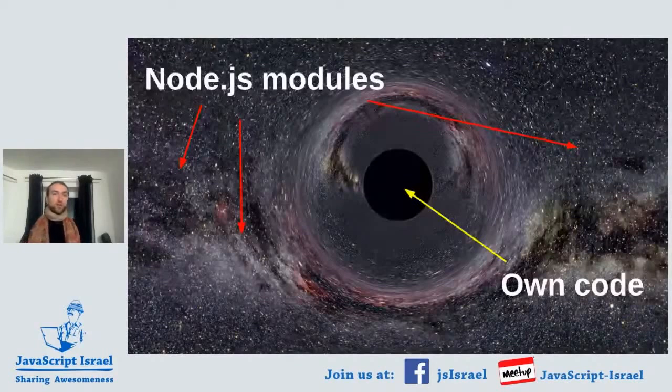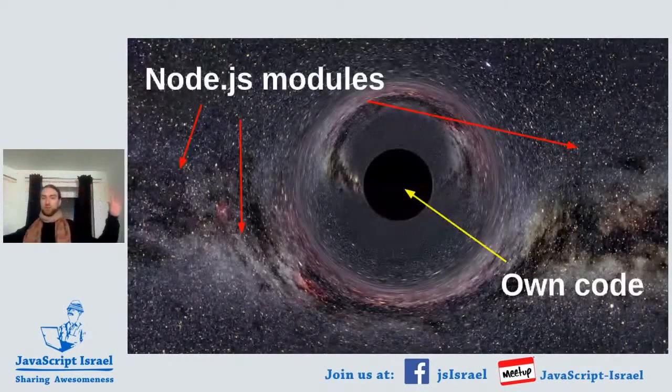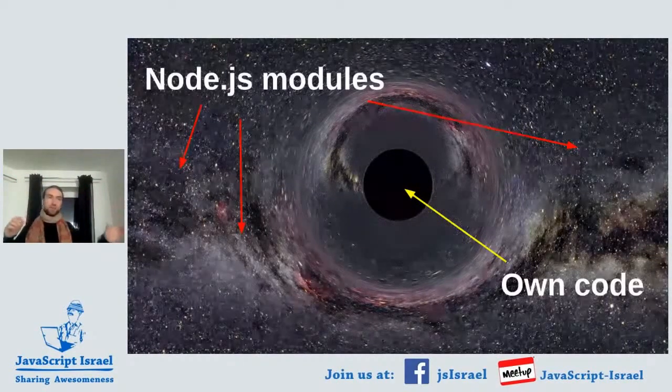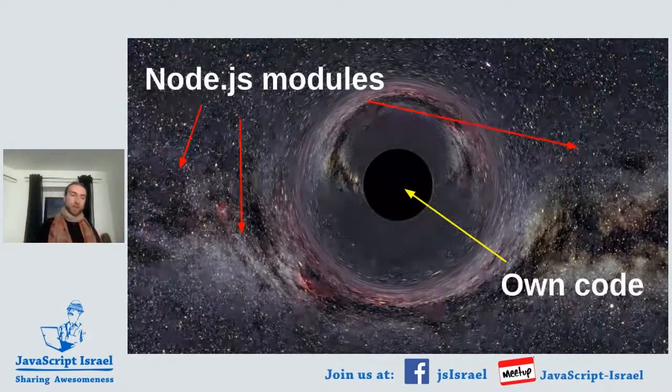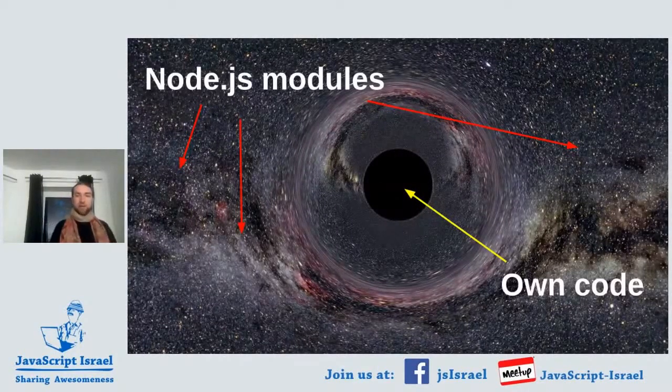But it's not only about your own code, we also have a lot of different modules. Sometimes we build modules for other people, and therefore paying attention that you don't have a memory leak in your code is really important, especially when it's a small library that other people might want to use.